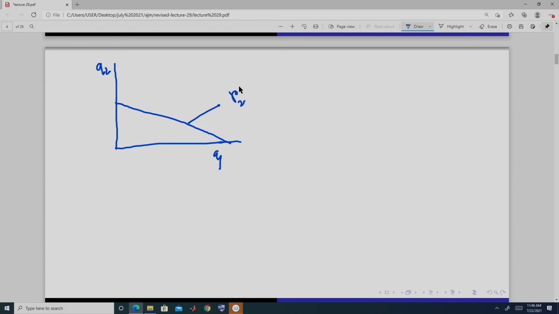Here you can look at the demand curve. Suppose the demand curve is this.